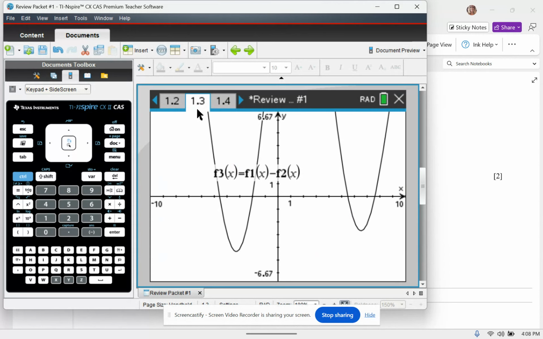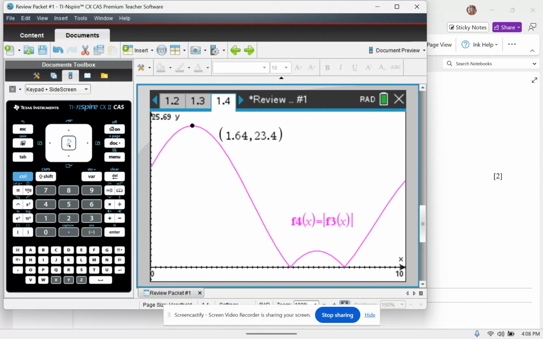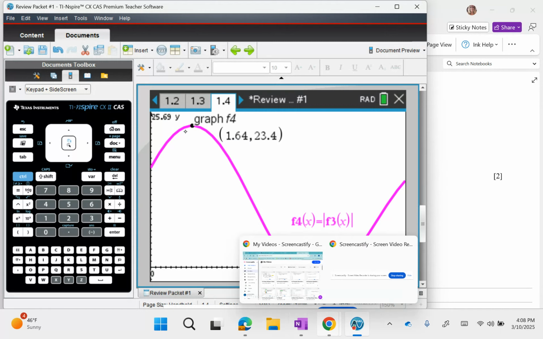Because in here, it's not totally clear if it should be the tallest peak or the lowest low, right? So the absolute value takes care of that thinking for me. So now I have the absolute value of f3 of x, which is the vertical distance between the two functions f of x and g of x, and then I find the maximum of this graph because that's going to tell me about the maximum vertical distance between the two graphs, right?